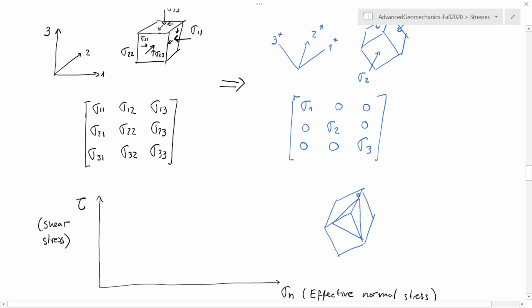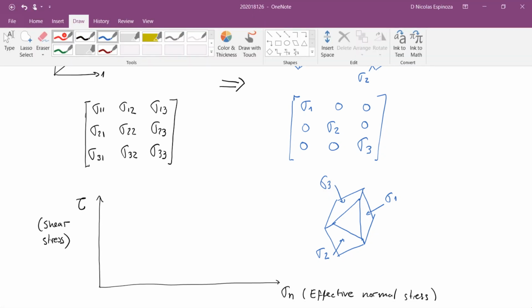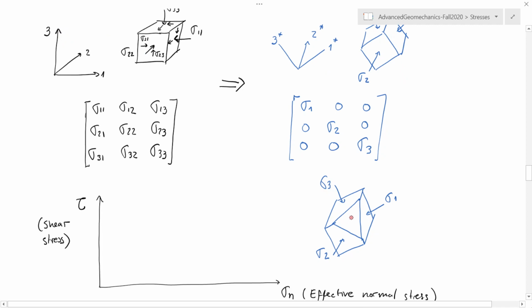And now if I remove this top part, I'm going to be left with just the lower part, and if I had applied here sigma 2, sigma 1, and sigma 3, then the stress I will need to apply on this plane, because I removed the previous one in which I already had stresses, these stresses are going to be normal to that plane, sigma n, and on the plane itself, the shear stress tau.